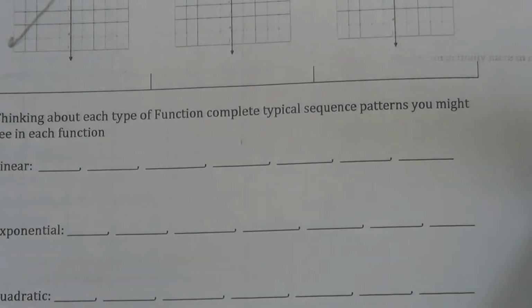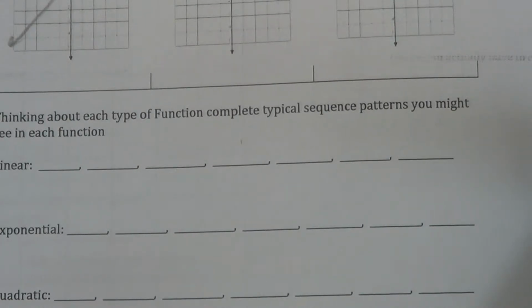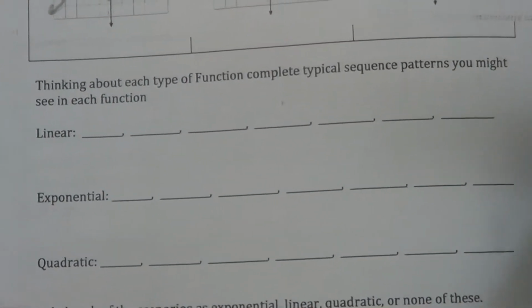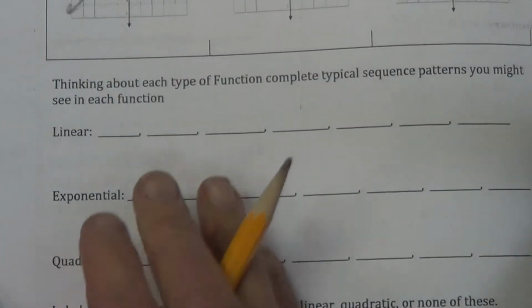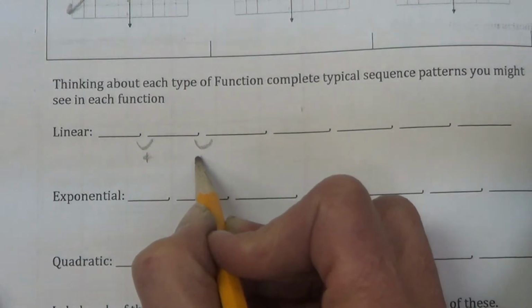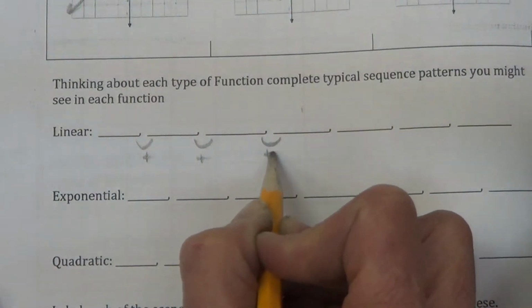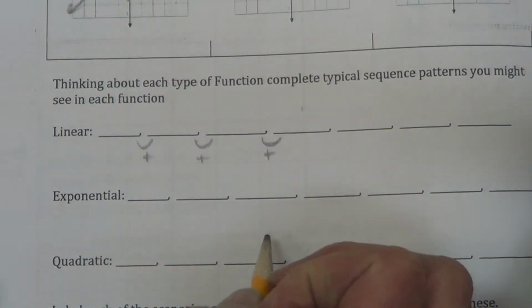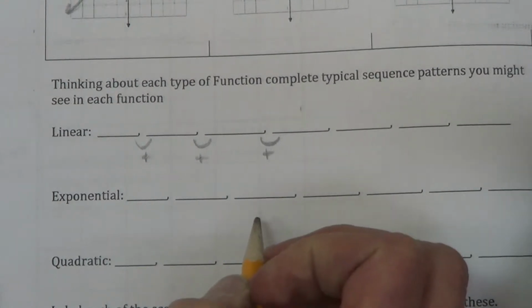Thinking about each type of function completes typical sequence patterns that you might see in the function. Well, remember from previous labs that we've done and notes that linear we always add the same amount. It's a constant amount that we add. So in a sequence, we call that an arithmetic sequence.